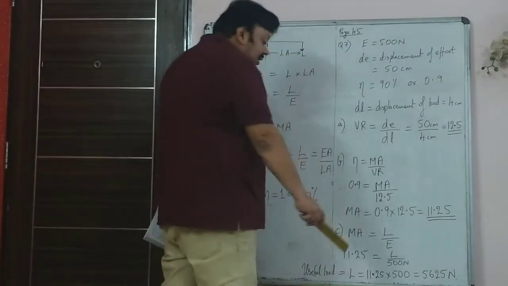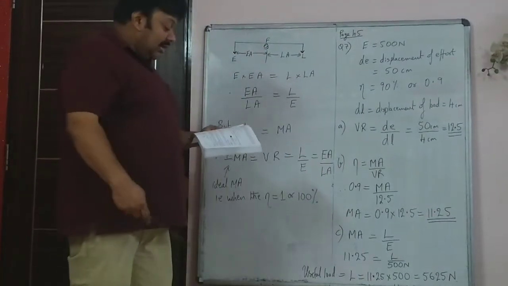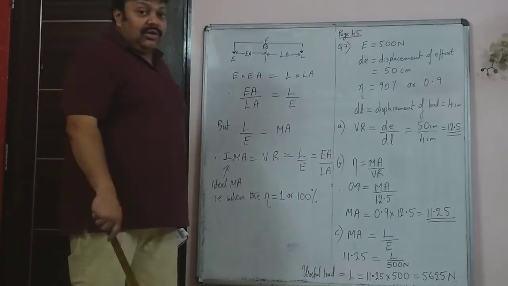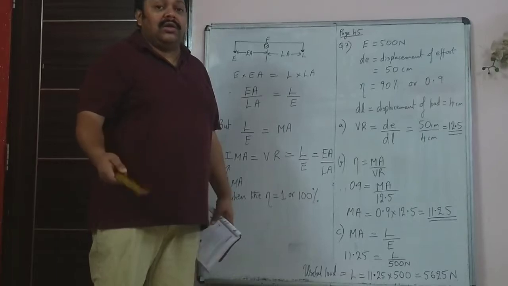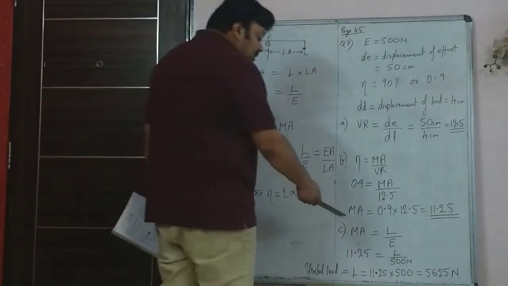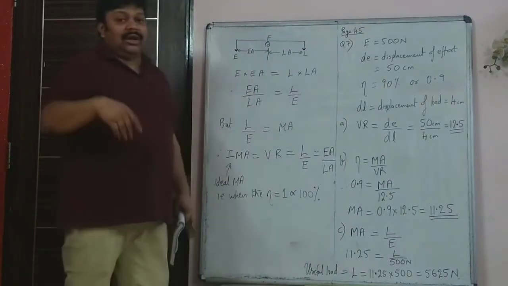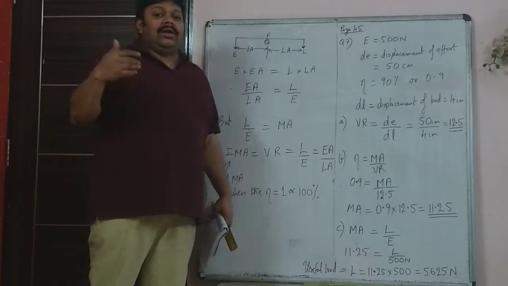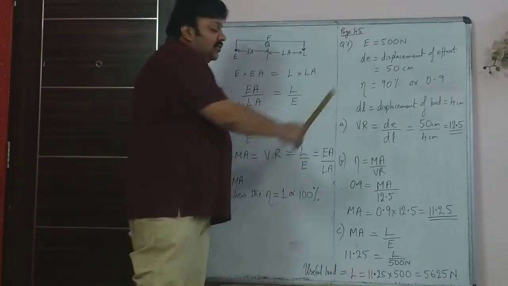Now the third thing that they have asked is to find the useful load lifted. Then you may think what is the load lifted, what is the meaning of this useful load? Obviously, the useful load lifted means not the ideal case load, which would have been much more, because in that case there would have been 100% efficiency.